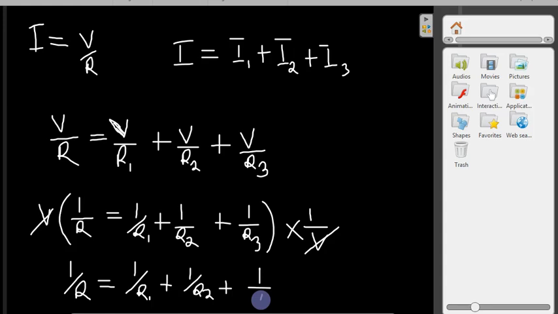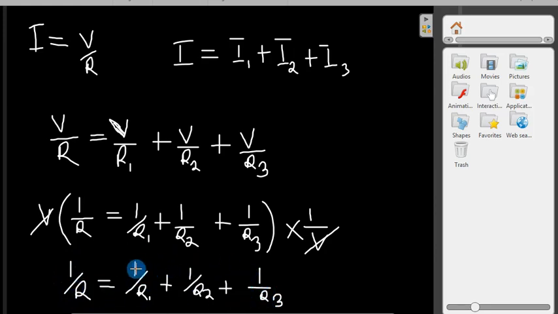So this becomes our equation for finding the total resistance for components connected in parallel. This is what we will be using when finding the total resistance for components connected in parallel.